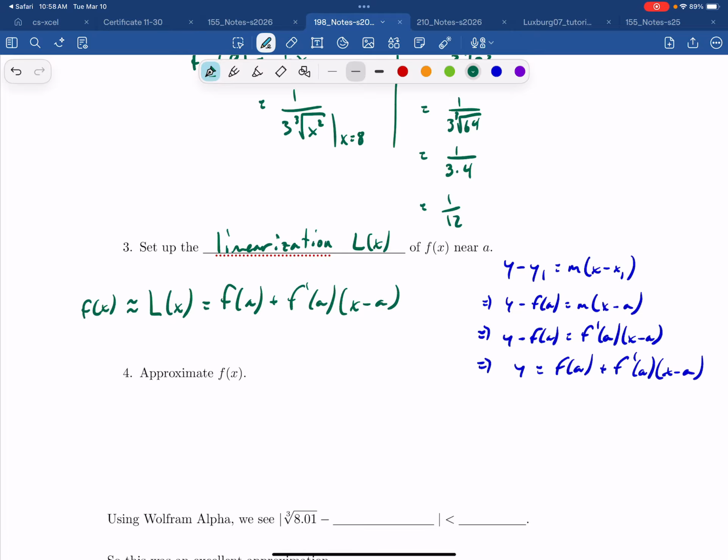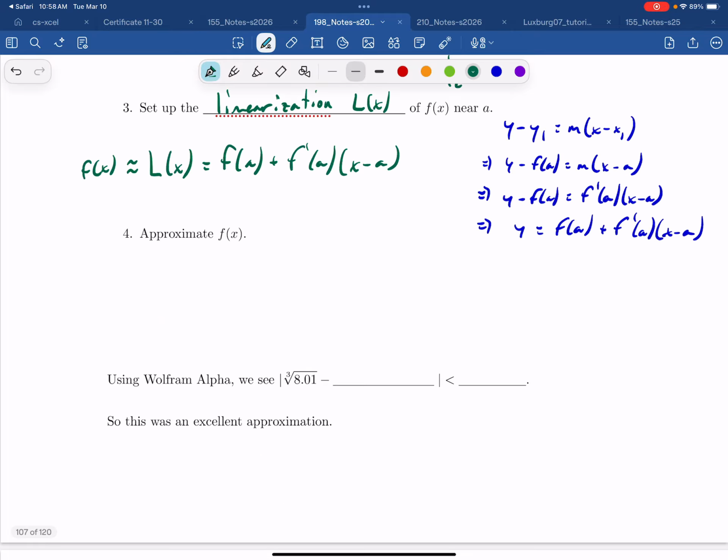So anyway, now we approximate f of x. The cube root of 8.01 equals f of 8.01, which is approximately equal to L of 8.01. All this really means is just plug in 8.01 into the tangent line.